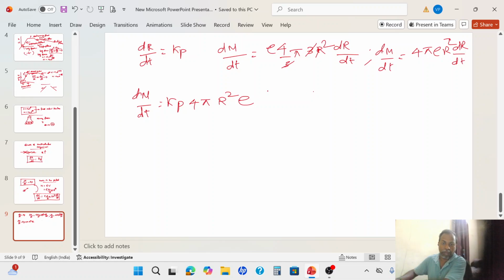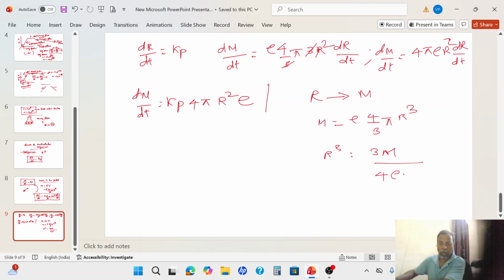But when you replace r in terms of m, we need to rearrange. m is equal to rho into 4 by 3 pi r cube. So r cube is equal to 3m by 4 rho pi.